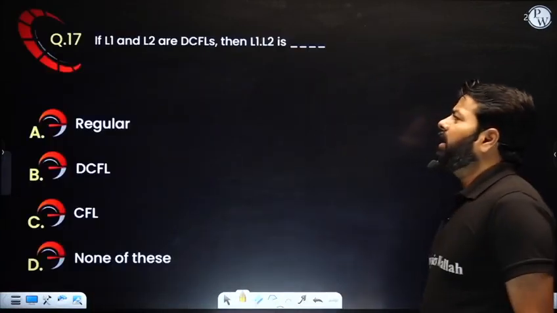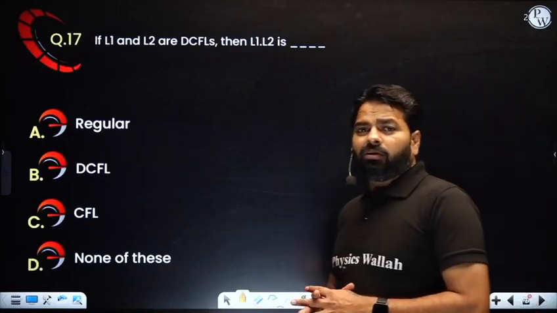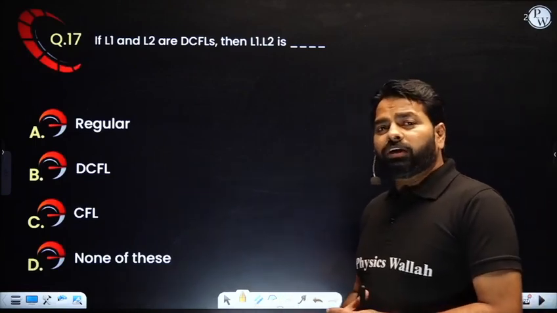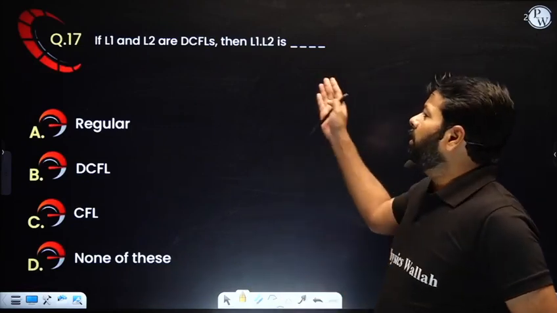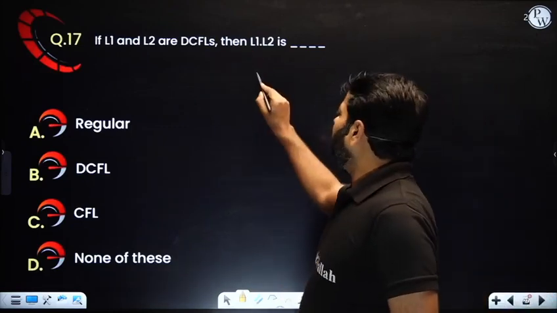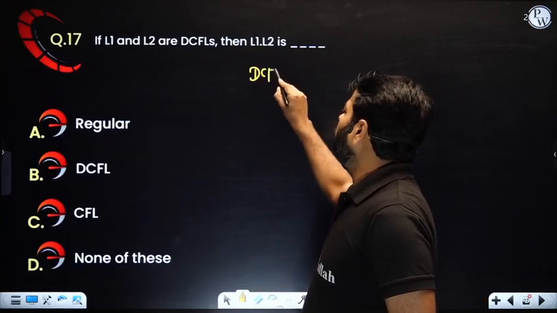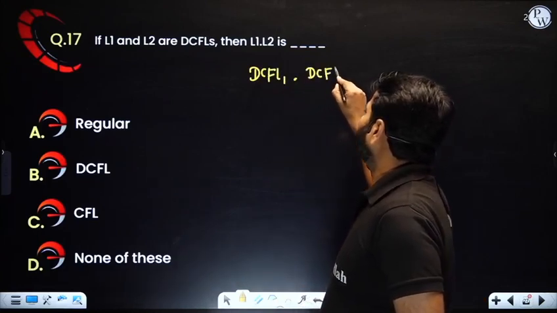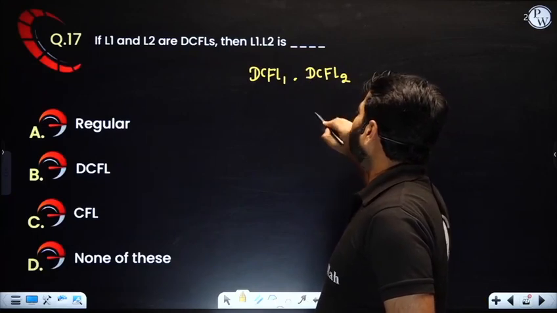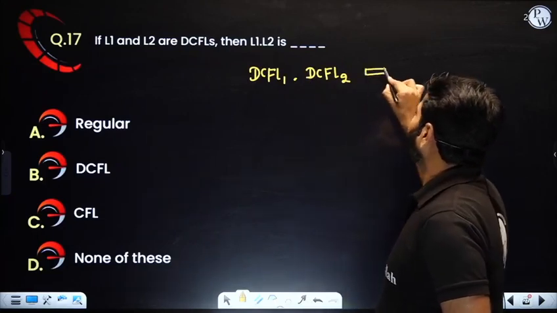Next one. Now we are going for concatenation. Obviously, concatenation is somewhat different from union and intersection. Two DCFLs concatenation, DCFL1 dot DCFL2. What happens?